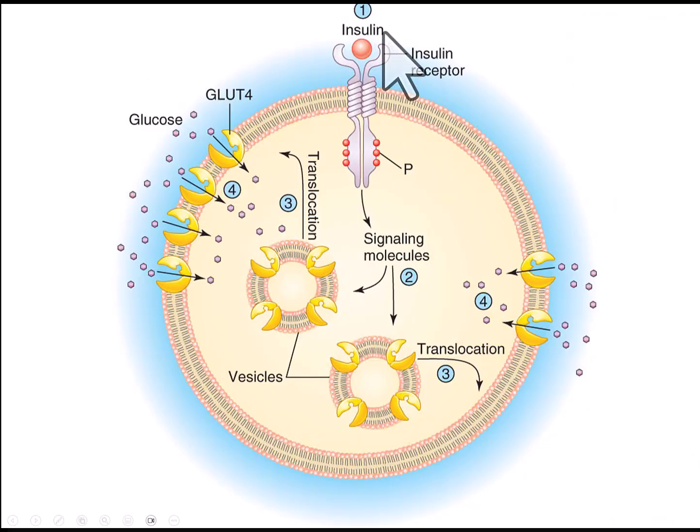Remember that insulin binds to its receptor on the cell membrane of the cells that utilize insulin, and that activates signaling molecules to trigger vesicles that contain the glucose transporter number 4, or GLUT4 transporter, to be put into the membrane so that glucose can move by facilitated diffusion from outside the cell to inside the cell, thereby lowering blood glucose levels.